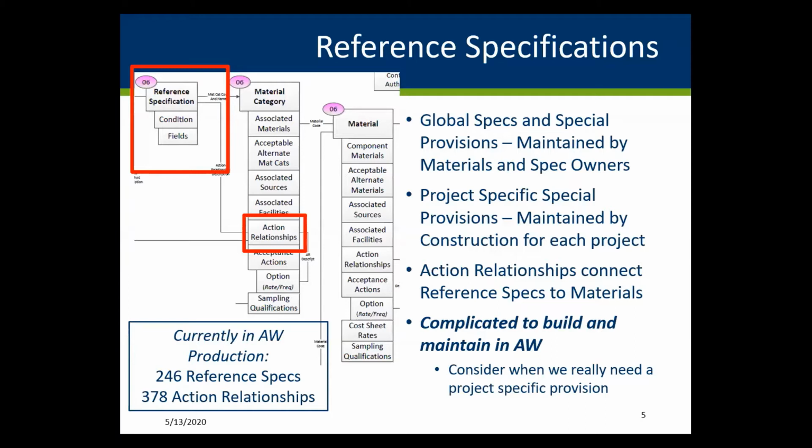So we will build those into AASHTO and they will be available for use. Now, if there is a project-specific special provision, that is going to be maintained by construction for each project. So who is going to have that role? That is going to be determined as we figure everything out. But those are built in for individual projects.